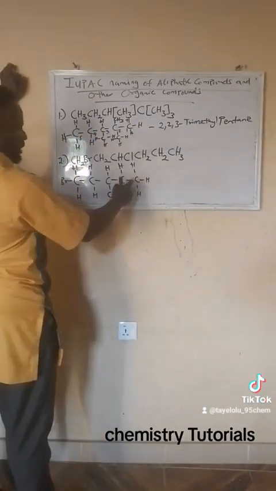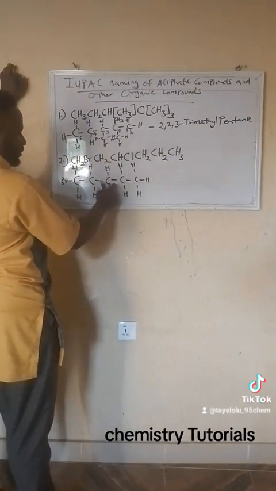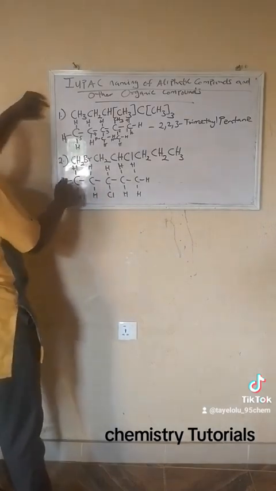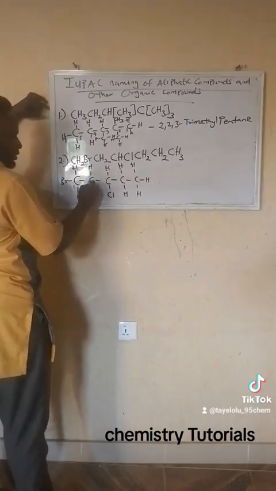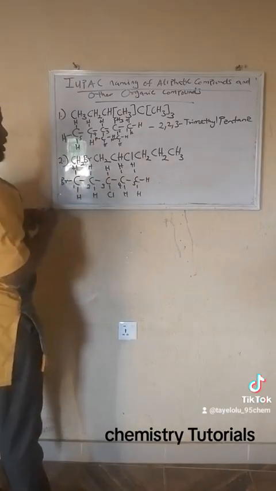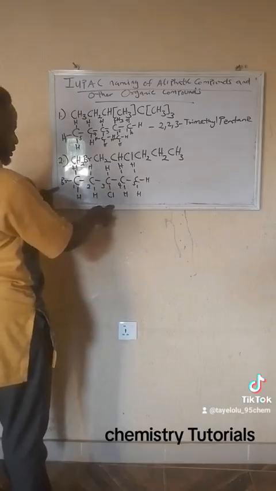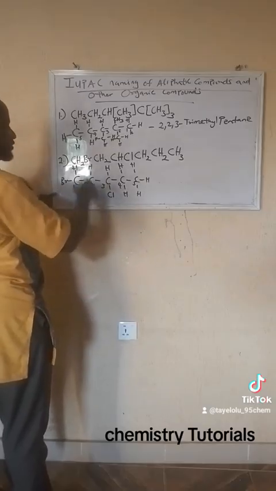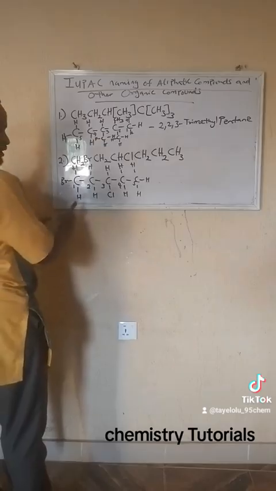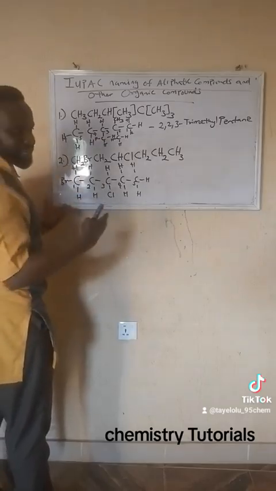Now if I start from here, 1, 2, 3, before I meet a substituent. But from here, 1 is a substituent attached to this one. So this is the appropriate base to start from. 1, 2, 3, 4, 5. On carbon 1 and on carbon 3, they are substituents. Now, I have to name the substituents alphabetically. This is bromine, the substituent name is bromo.